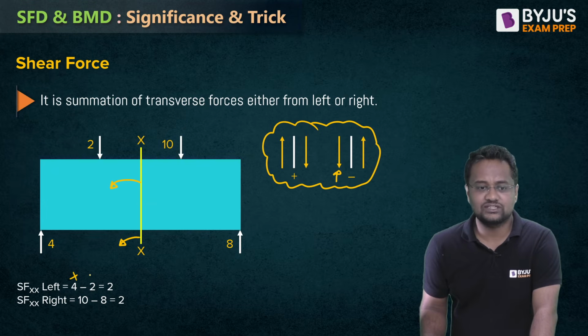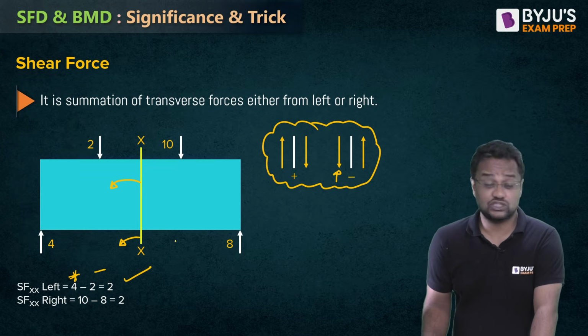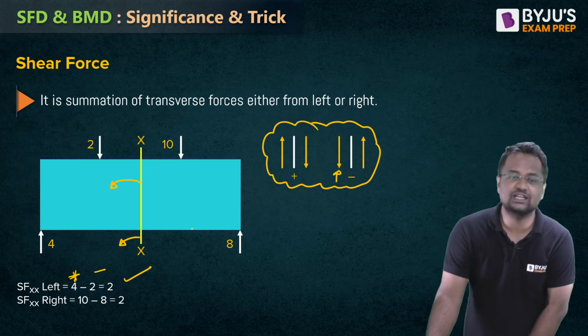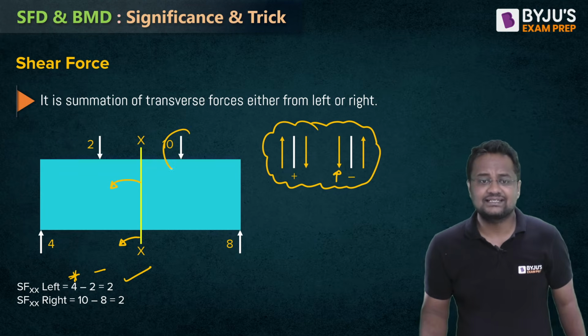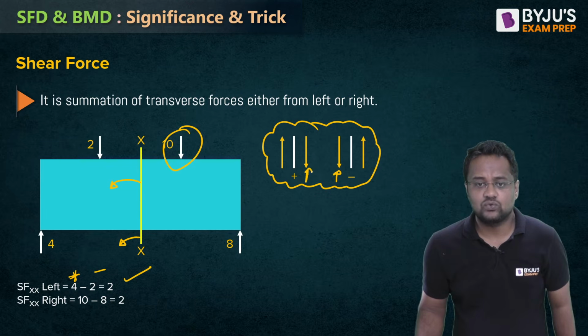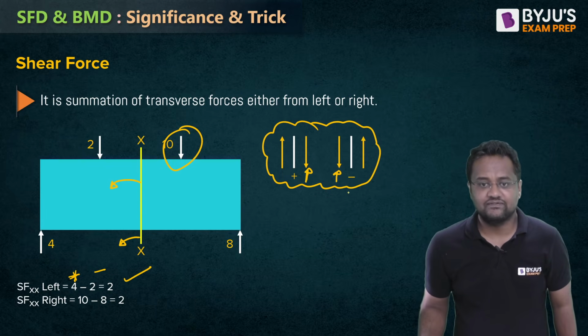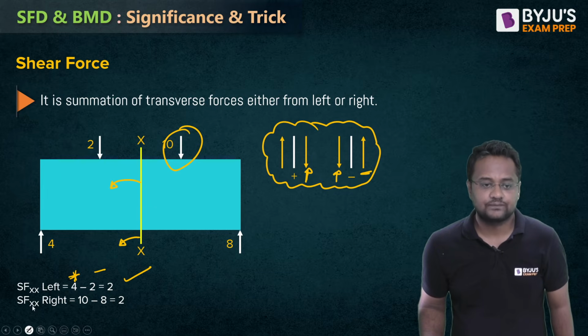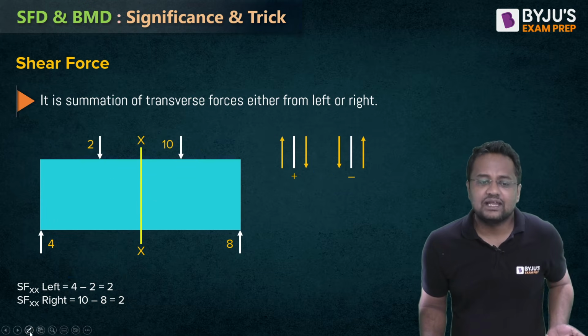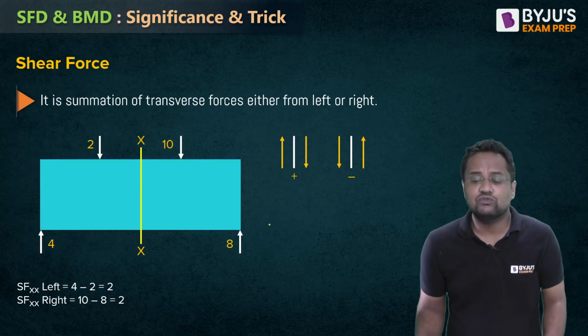So 4 minus 2, it is 2 from left hand side. If you see from right hand side, it will be the same. Right hand side downward is positive, 10, and right hand side upward is negative, so minus 8, it will be 2. So if you see from left or from right, it will be the same.